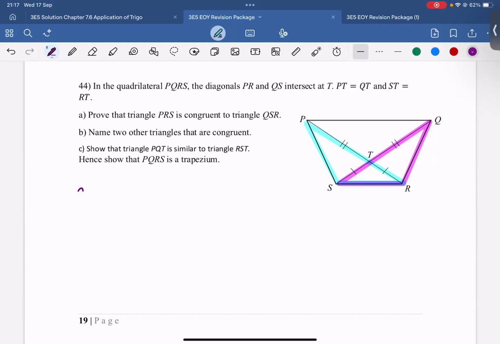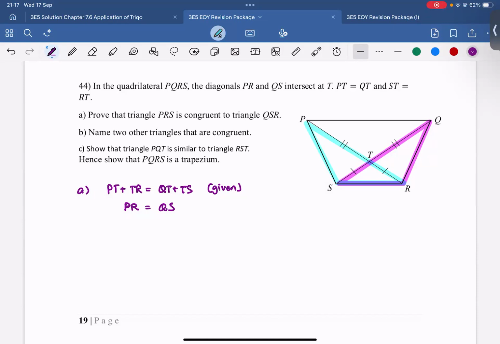You have to say PT plus TR equals QT plus TS, then PR equals QS. Because they broke into two parts, you have to say it like that. You cannot just say PR equals QS, given, because they never give you that.